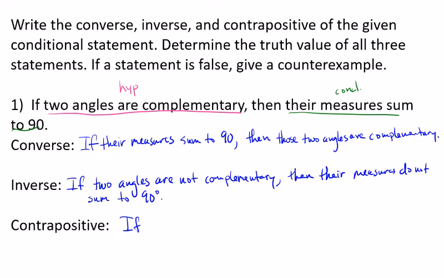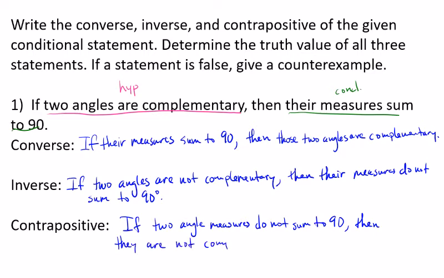So if two angle measures do not sum to 90, then, okay, so now I'm going to come back to the hypothesis, but I'm going to negate it, then their angles are not complementary. Then they are not complementary.